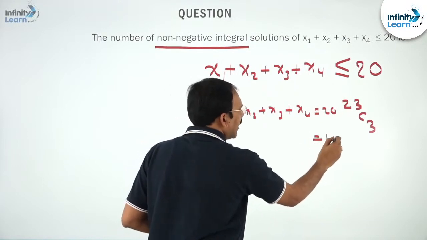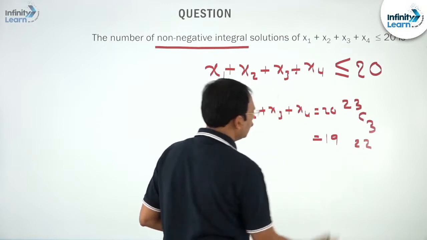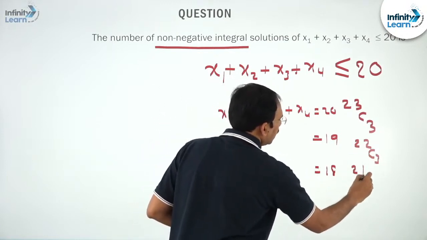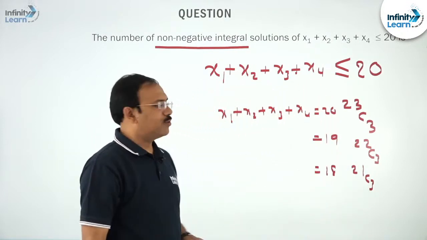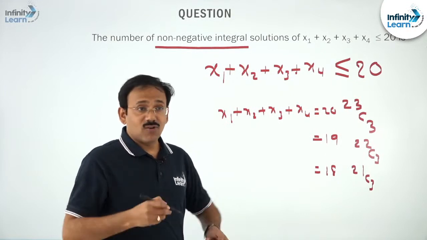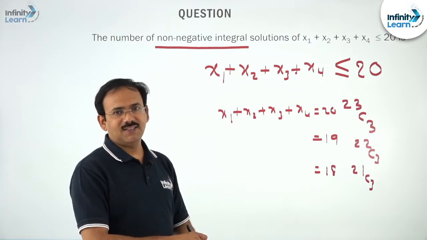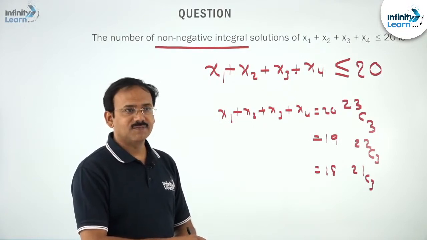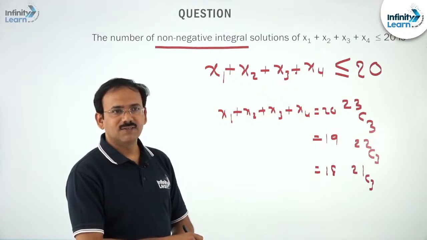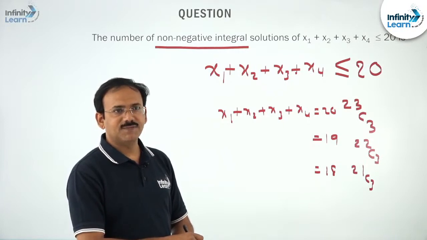Now you try it for 19, you will get 22C3, you write for 18, that is 21C3, like that you write up to 0, you add all these things, and you will get the answer. But rather, is there any short, easy method to answer this question? Can I expect it from the students who are watching? I can see the chat box, I can give the solution here.